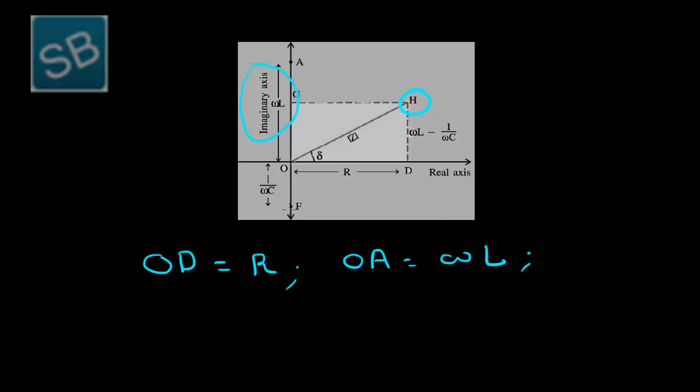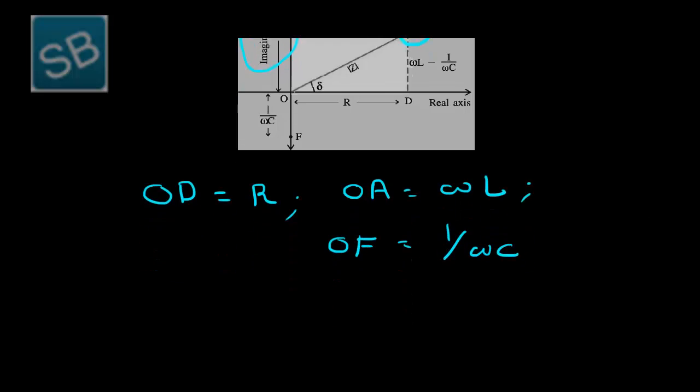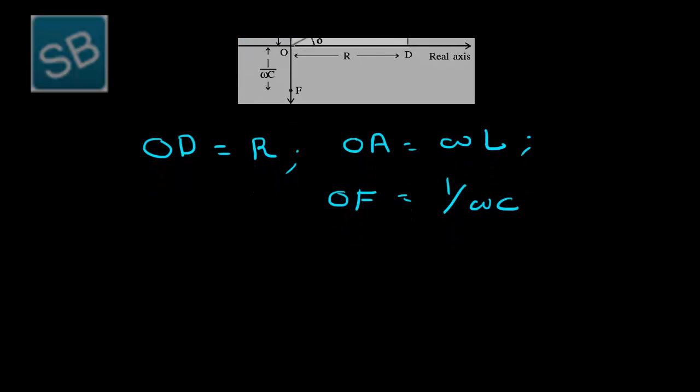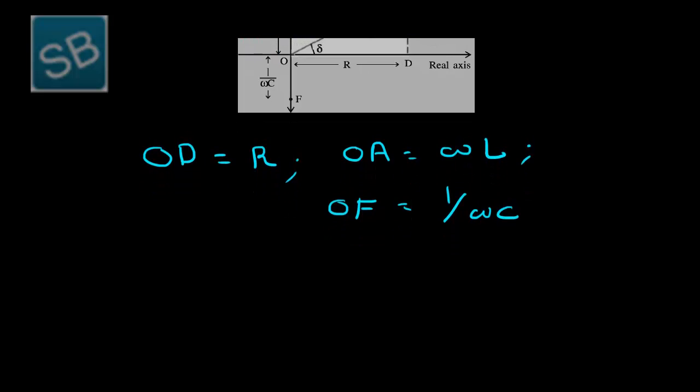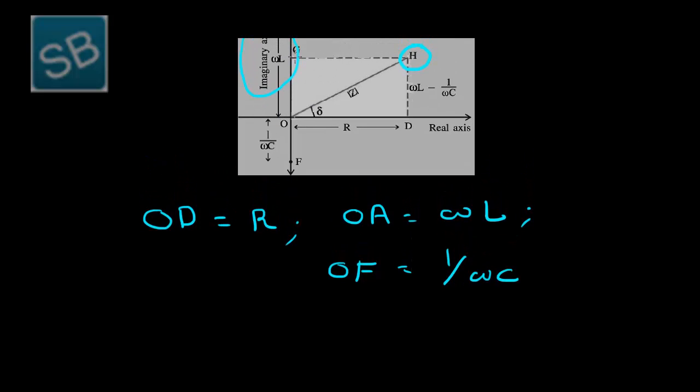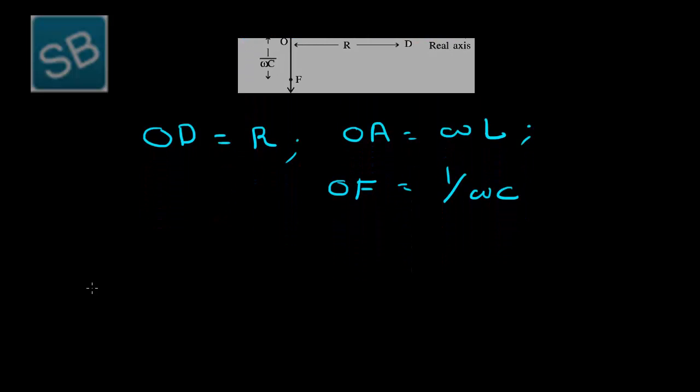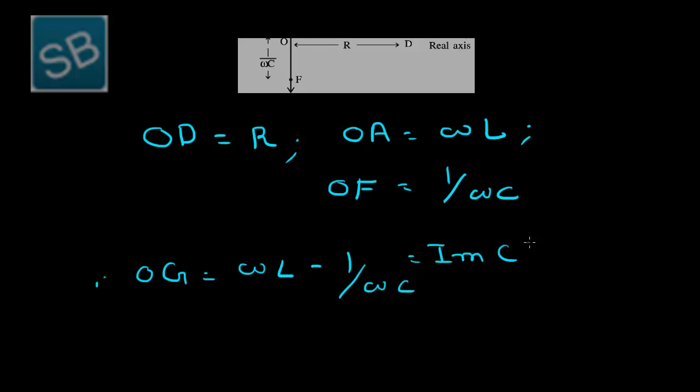The value of OF in the negative vertical direction is 1 over omega C, from which I can find the value of OG, that is omega L minus 1 upon omega C. That is actually the imaginary part of Z, and it is written with this symbol. Im stands for imaginary and Z is for impedance.